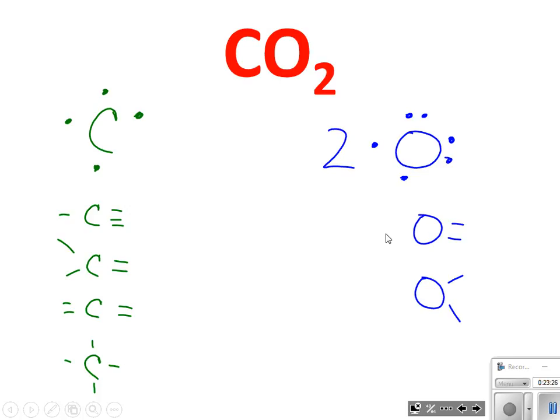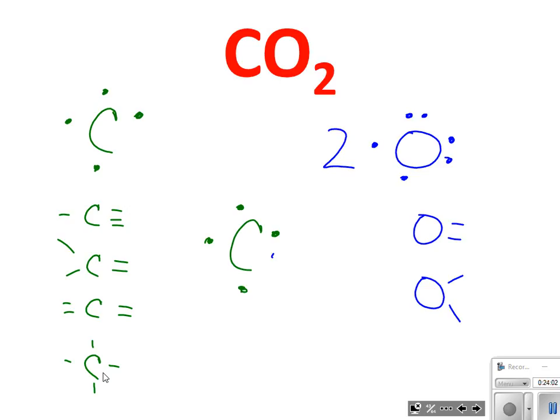My oxygens are as so. Now let's just say that I choose this oxygen to single bond. If I single bond oxygens, I can either do it right here or right here, correct? So let's say I chose to single bond oxygen to carbon.